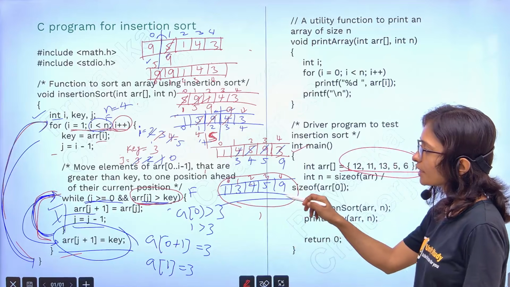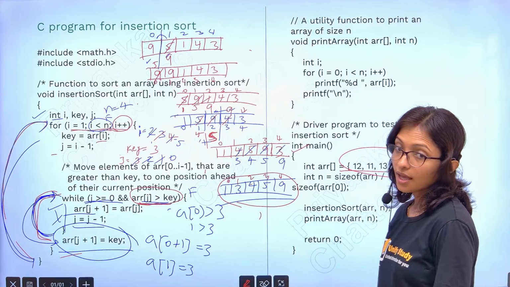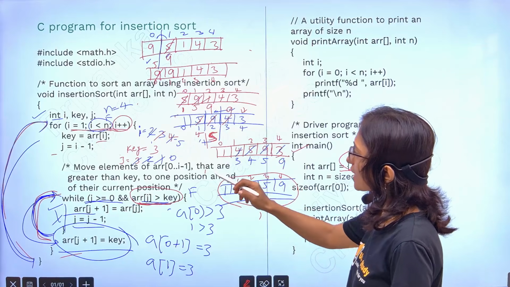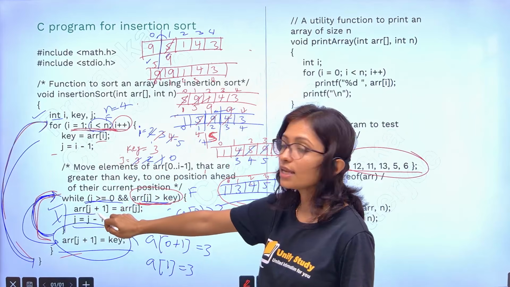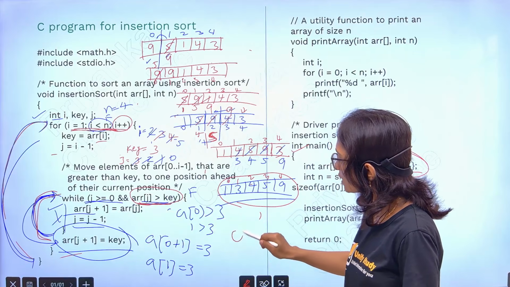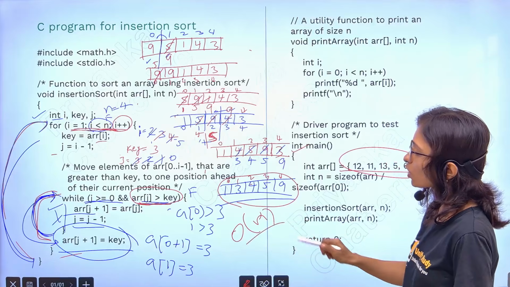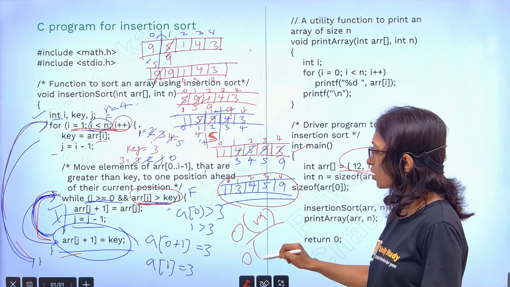As it is already sorted, this condition will always be false, and that's why in the best case you are running it only n times, and the while loop does not execute even once, so the best case is order of n. In the worst case, it will be order of n square.